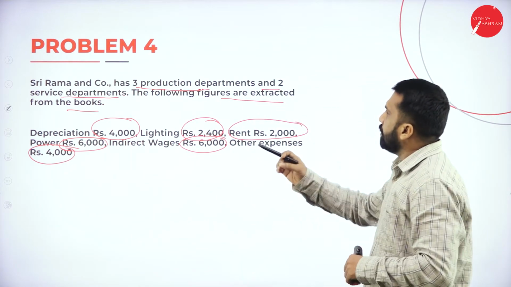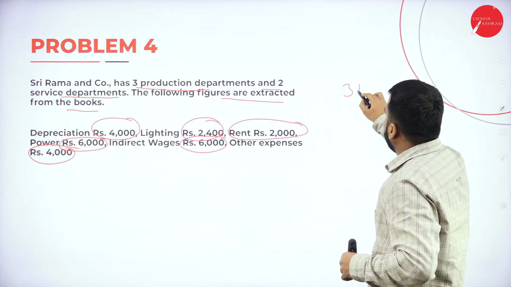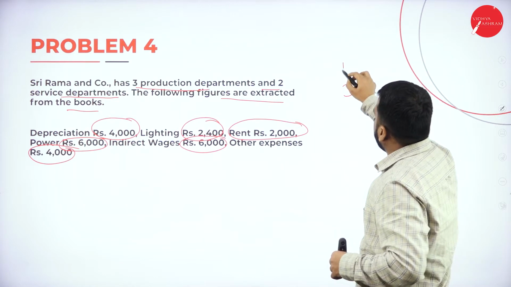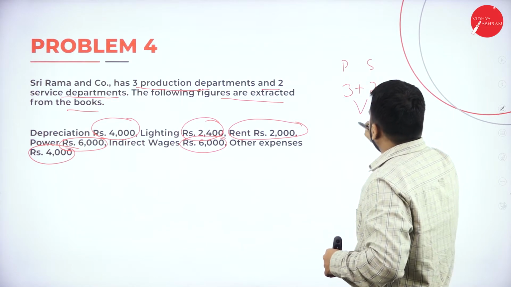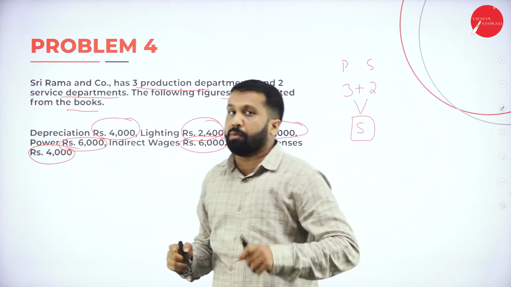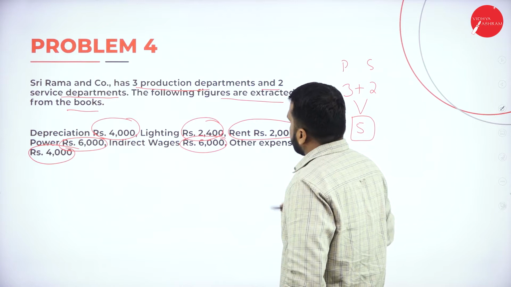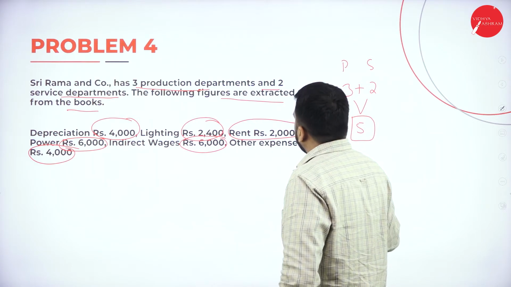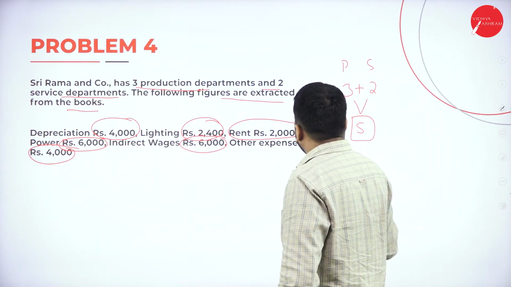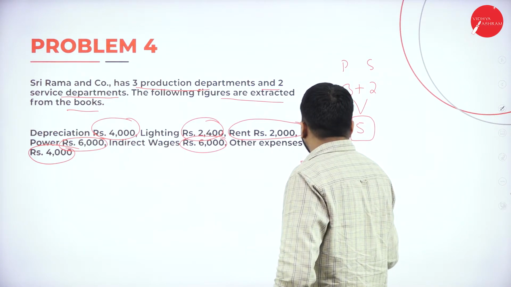Now, Sri Rama and Company has 3 and 2. So how many are there? 3 plus 2: this is production, this is service. In total we have 5 departments. Whatever expenses are there, how many are there? First we have depreciation. Second, lighting. Third, rent. Next, after rent, we have power.